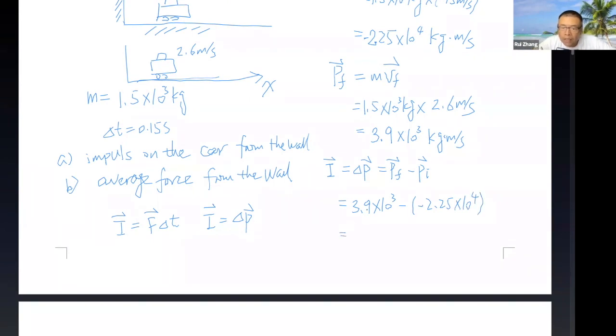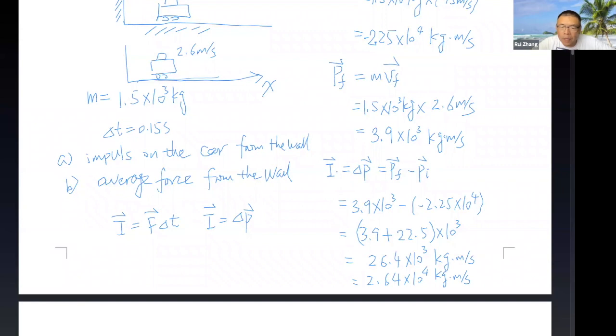That's equivalent to 3.9 plus 22.5 times 10 to the third, which gives you 26.4 times 10 to the third kilogram times meter per second, or 2.64 times 10 to the fourth kilogram times meter per second.